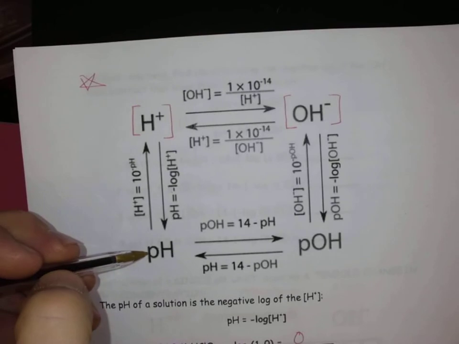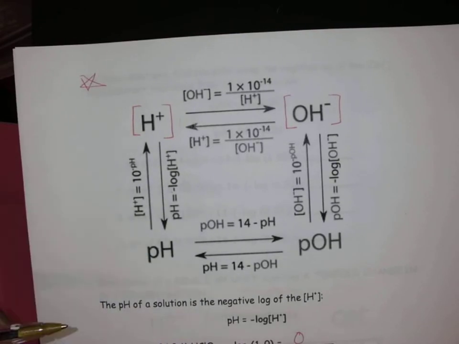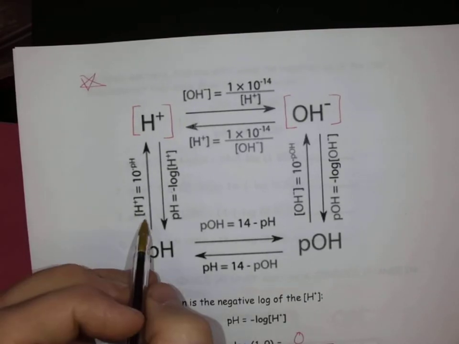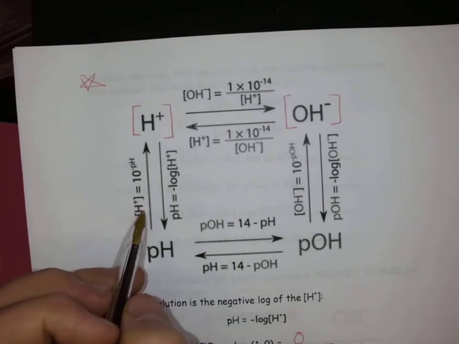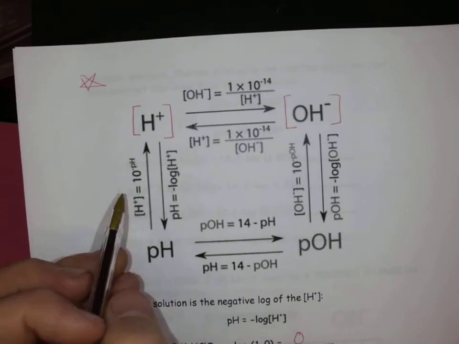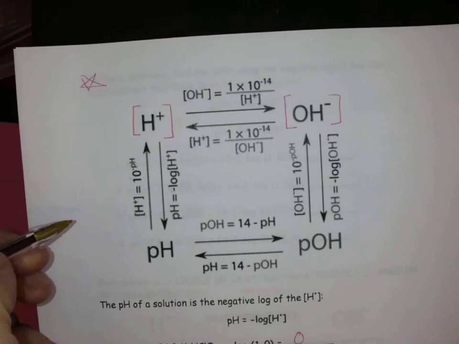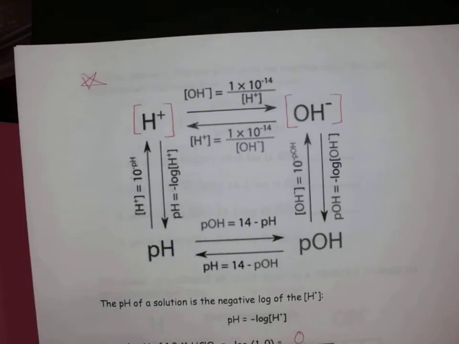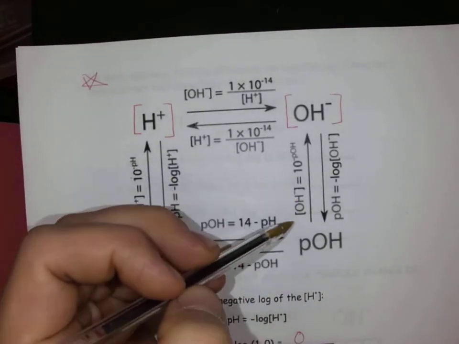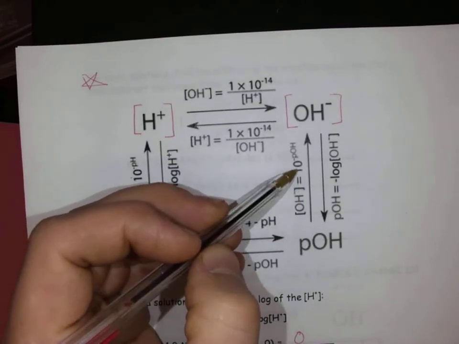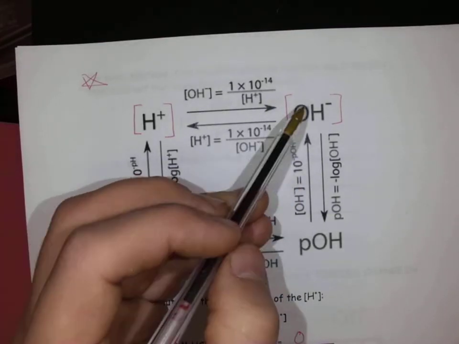If we have our pH and want to go to the H plus concentration, then we can use this equation here. H plus concentration is equal to 10 to the negative pH value. Same idea over here. OH minus concentration is equal to 10 to the negative pOH.